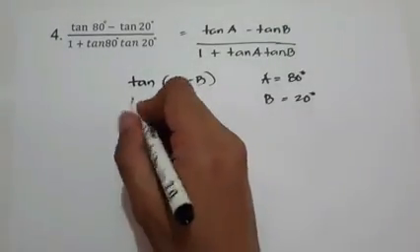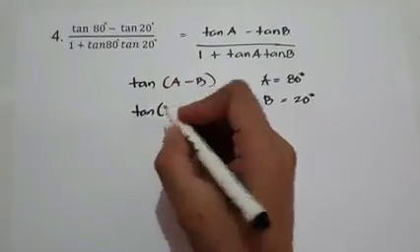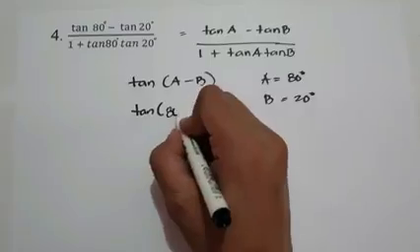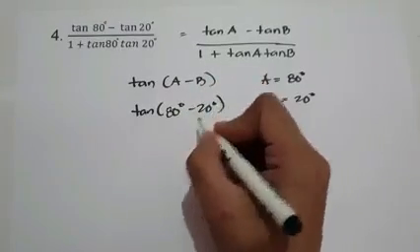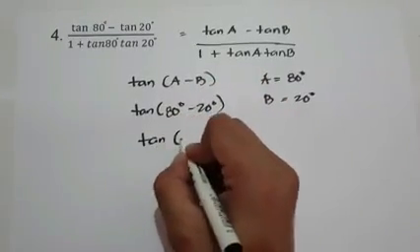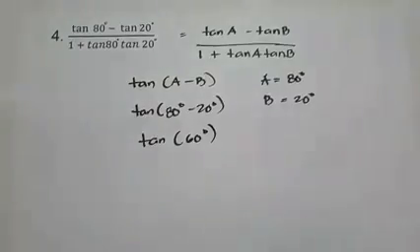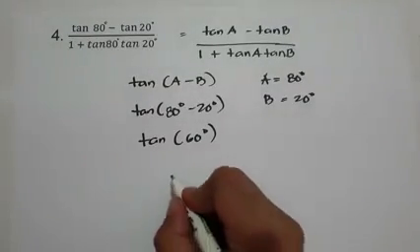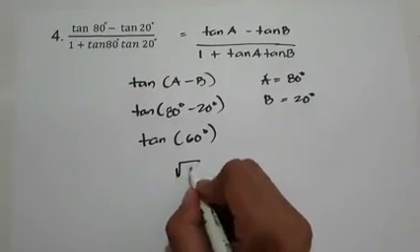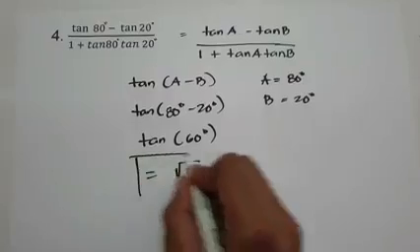Therefore, we have tangent 80 degrees minus 20 degrees, that is tangent 60 degrees. And tangent 60 degrees is square root of 3. And this will be our answer.